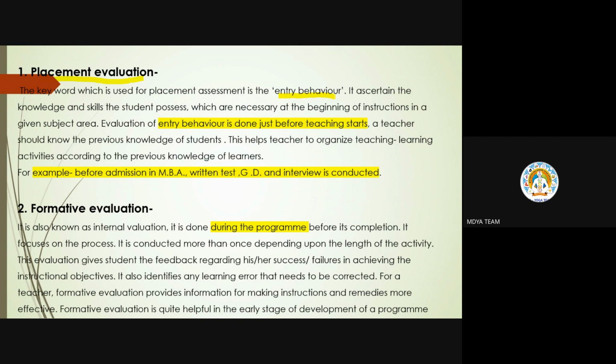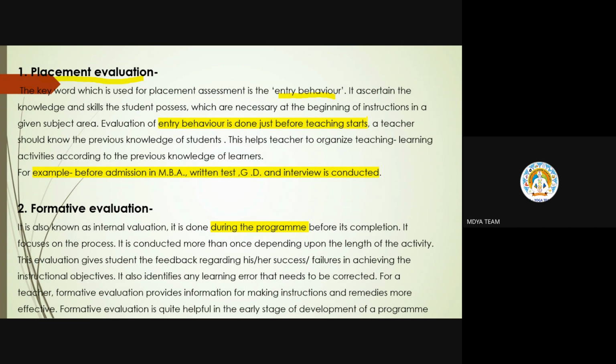It ascertains the knowledge and skills that the student possesses which are necessary at the beginning of instruction in a given subject area. Like if you want to do MBBS, okay, you have to clear an exam known as NEET. So you can say that the NEET exam is a placement evaluation.